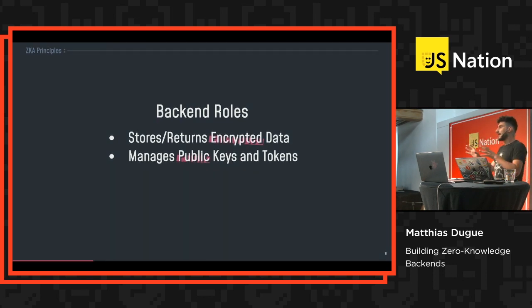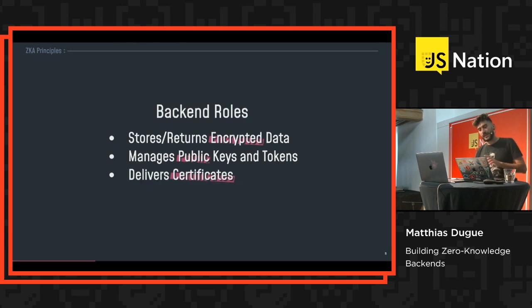And the associated tokens. It will probably deliver certificates because crypto people are smart people, and if you want real protection on your data, you will probably rely on certificates rather than on passwords because they are more robust with the X509 standard.